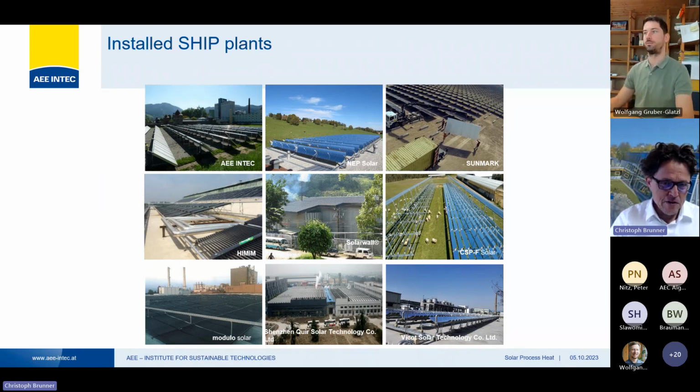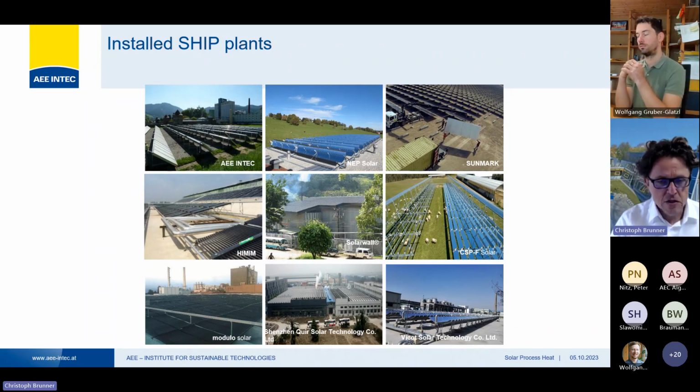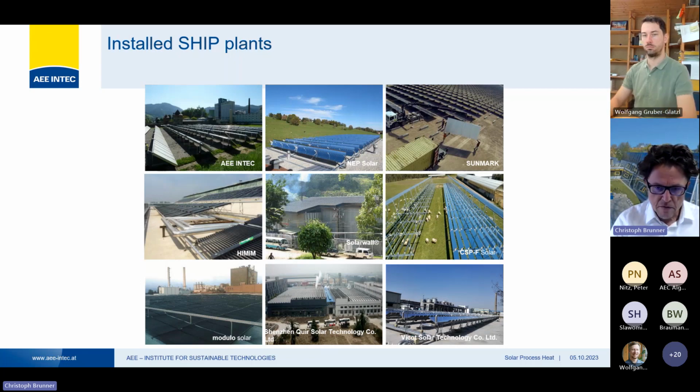So you see here different examples of installations out of our database. In the upper left corner, you see an example of a brewery, where we have quite good links here in Austria, but also examples from Switzerland with concentrating systems for the dairy industry, from Nicaragua for drying of coffee beans, down to the textile industry in China.